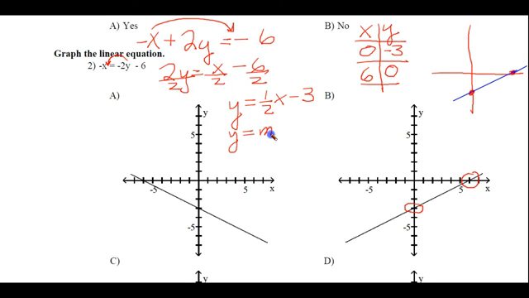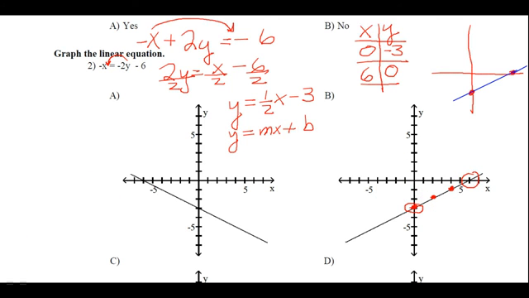Y equals mx plus b, where b is your y-intercept, which is right there. And your slope is 1 over 2. These are y units, these are x units. So you go over 2, up 1, right there. Over 2, up 1, right there. Over 2, up 1, right there. So in this case, we found the intercepts, and in this case, we just used the y-intercept and then applied the slope to it, and we get the same results.